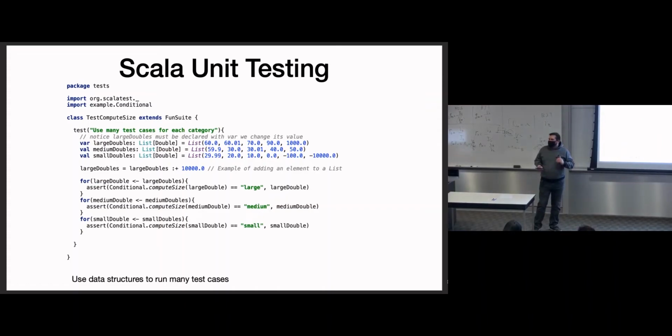Which brings up a good question we should always have in unit testing: where do we stop? Because you could spend the rest of your life writing this test suite. You could test every single possible double that can be represented.